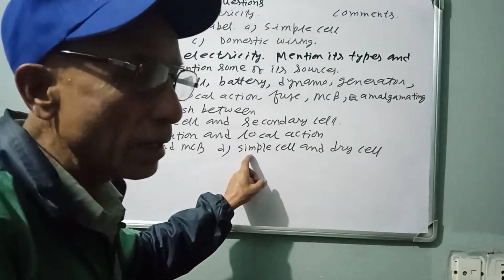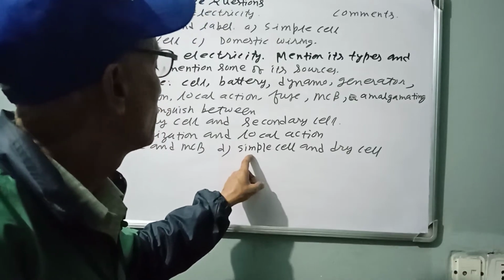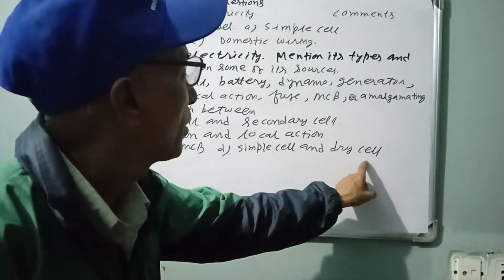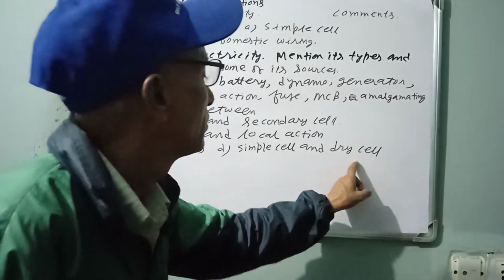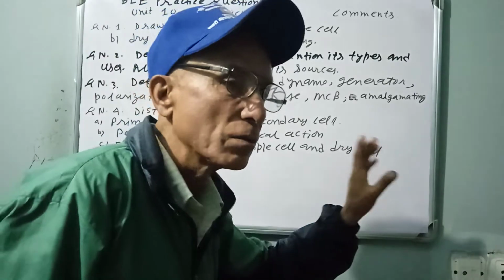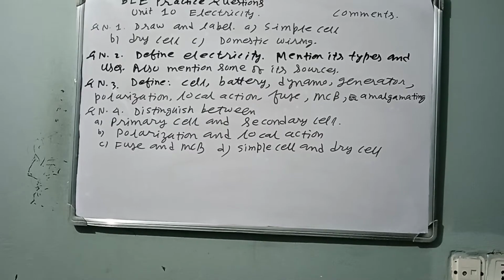Here, zinc and copper rod as electrodes, and dilute sulfuric acid as electrolyte. Here, ammonium chloride jelly as electrolyte, zinc case and carbon rod as electrodes. Electrodes are conducting plates or conductors to conduct electricity.